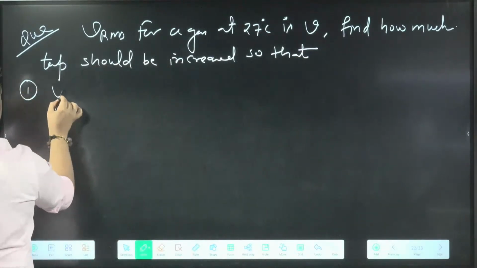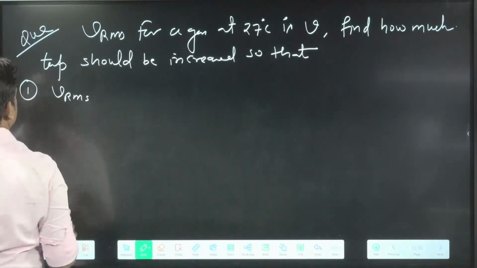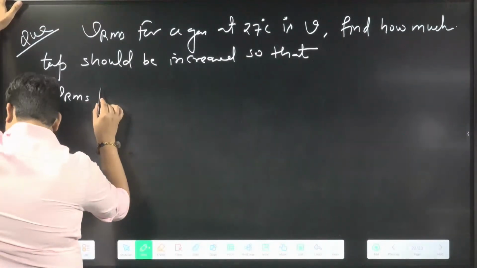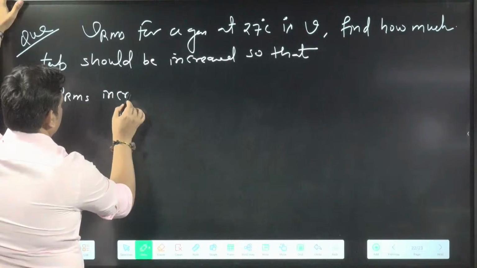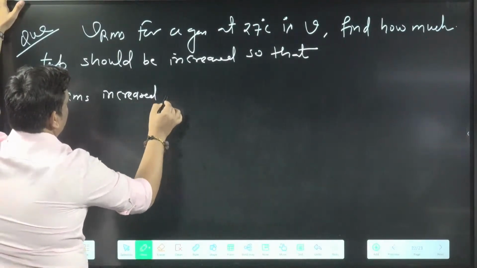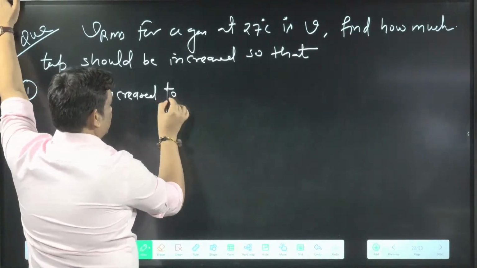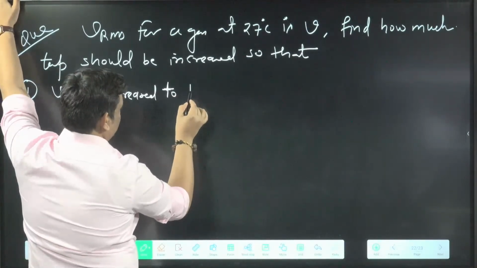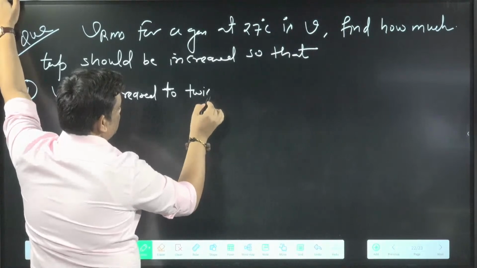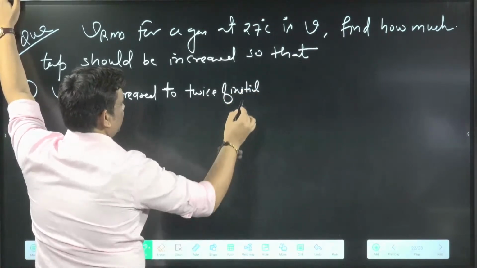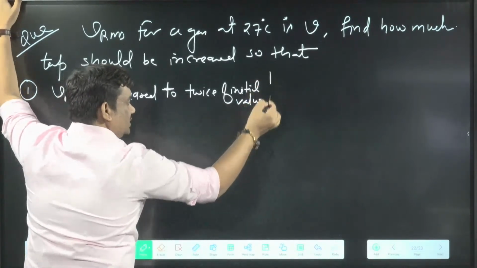number one, VRMS increased to twice of the initial value. This is the first part.